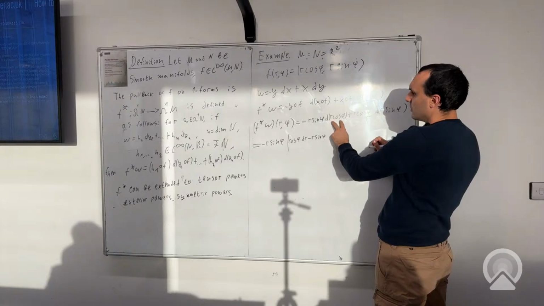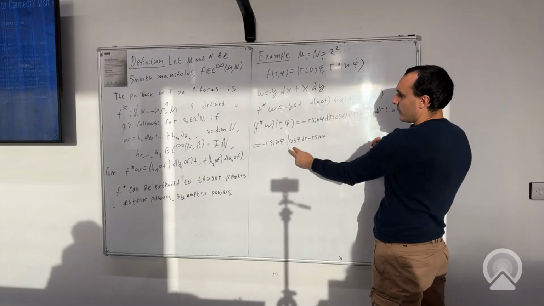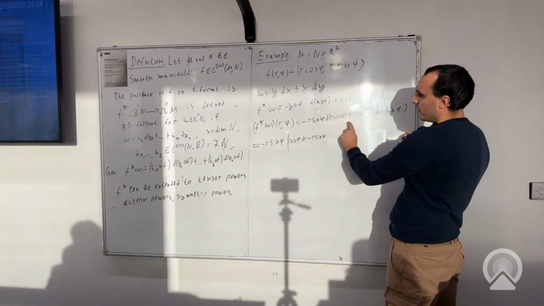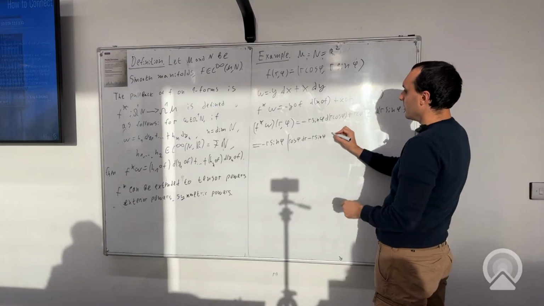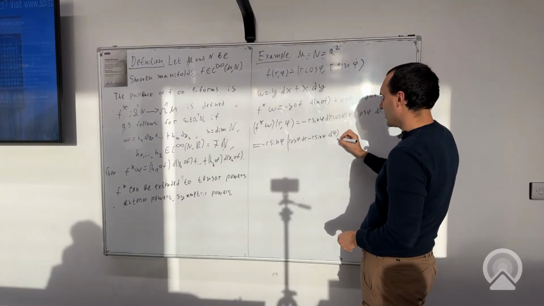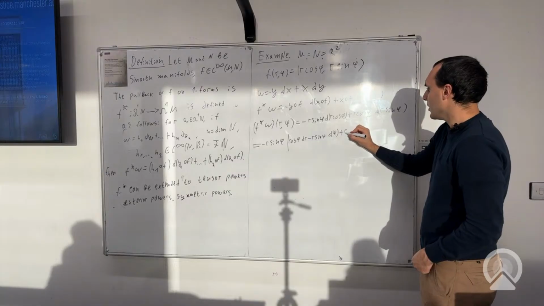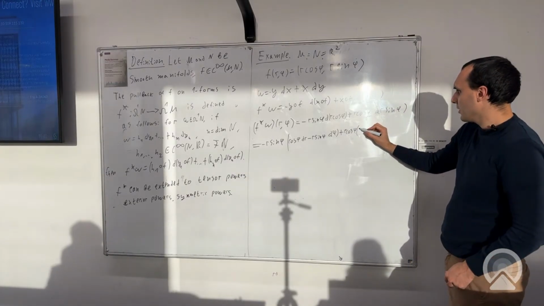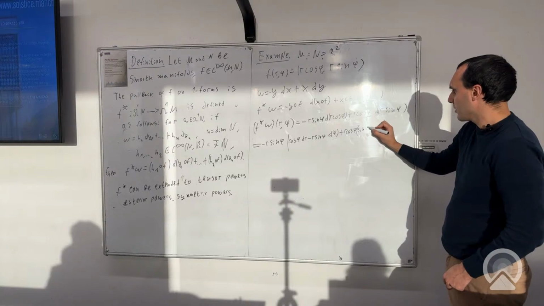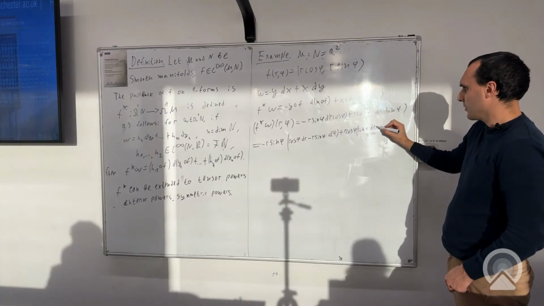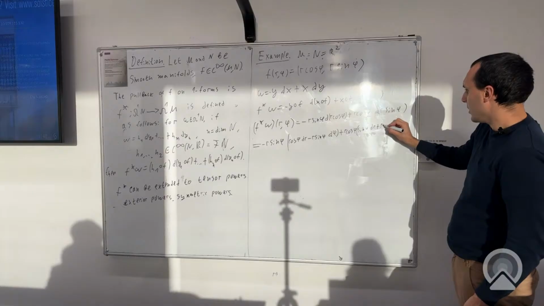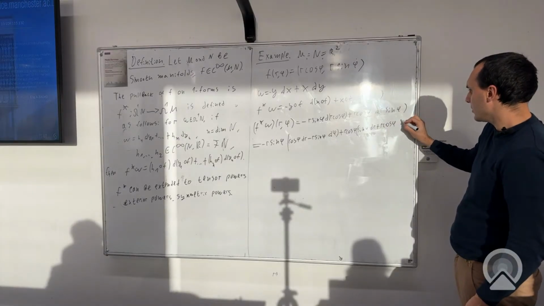The derivative with respect to r is cosine phi multiplied by dr, and the derivative with respect to phi is minus r sine phi, multiplied by d phi. And here we have the similar thing: sine phi dr plus r cosine phi d phi.